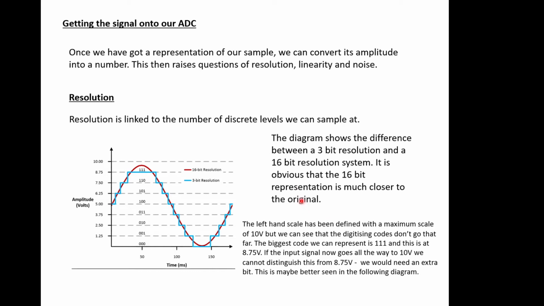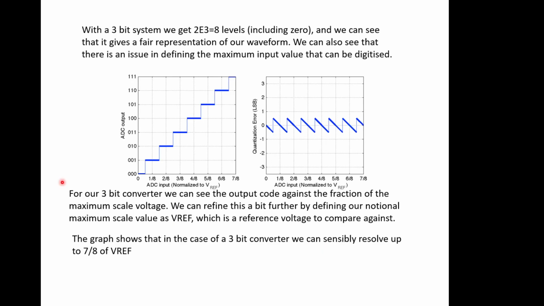And then we start to get to some issues of, well, how do we define what the maximum amplitude of this thing is? The next few slides will describe this in a bit more detail, so I'm just going to scan over that at the moment. So if we'd had a 3-bit system, we would get 2 raised to the power of 3, which gives 8 levels, including 0.